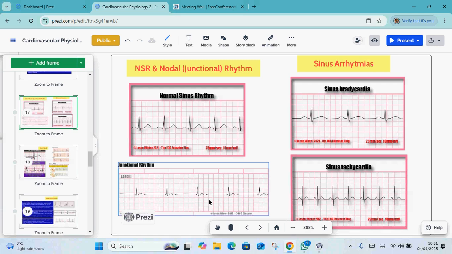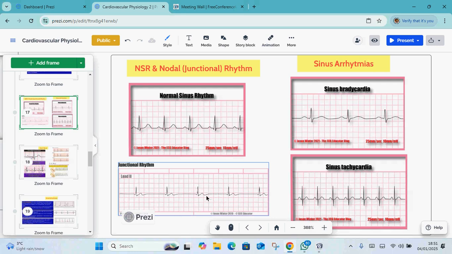You have to memorize that 300 divided by 3 is 100. So if there are 3 large boxes the heart rate is 100. If there are 4 large boxes the heart rate is 75. If there are 5 the heart rate is 60. If there are 6 the heart rate is 50.